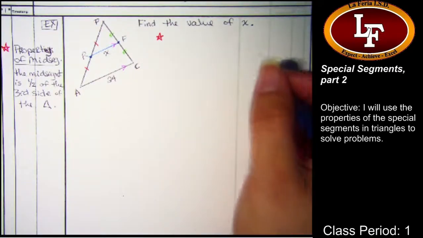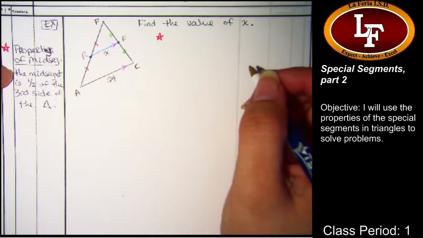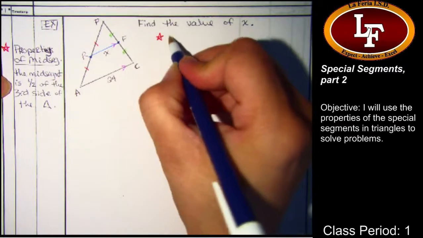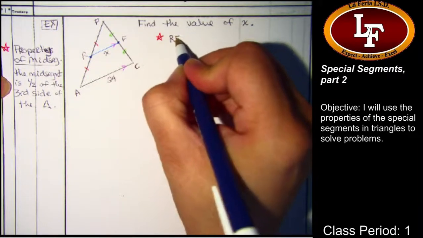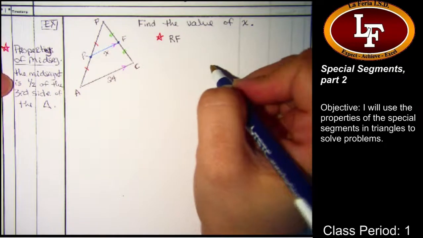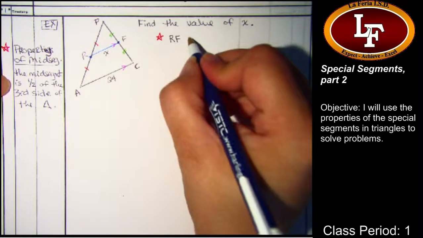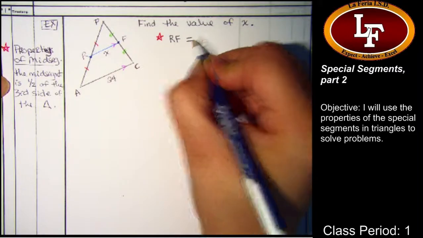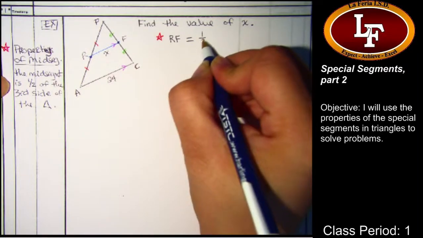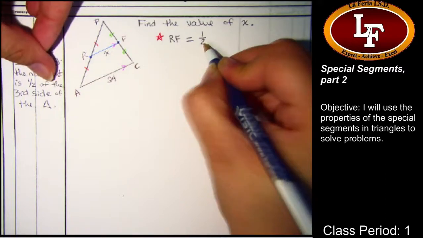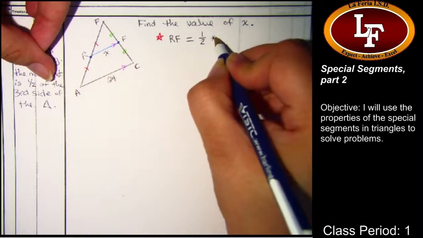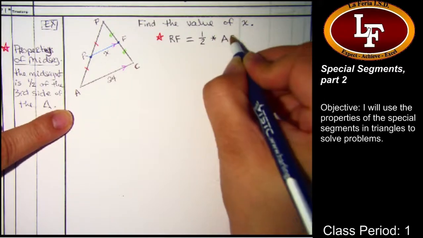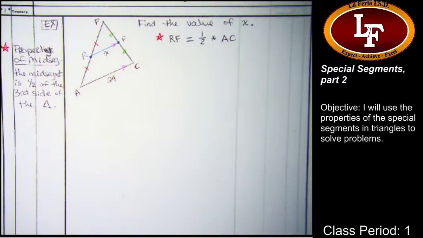Okay. So what this says is the mid-segment, this segment right here, RF, and I'm translating this English into math symbols. The word is is always the equal sign. 1/2 of is a multiplication thing. The third side of the triangle, AC. So I have this written down.